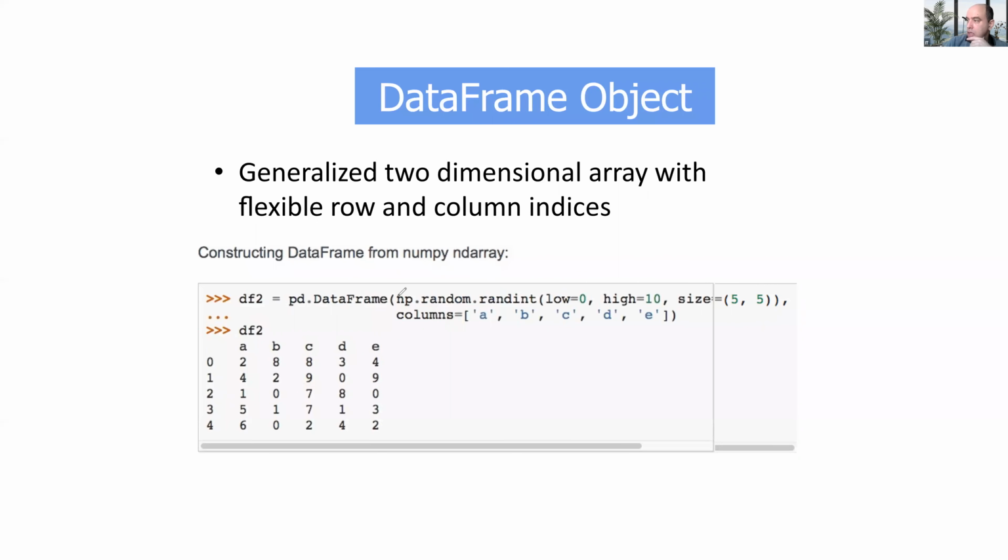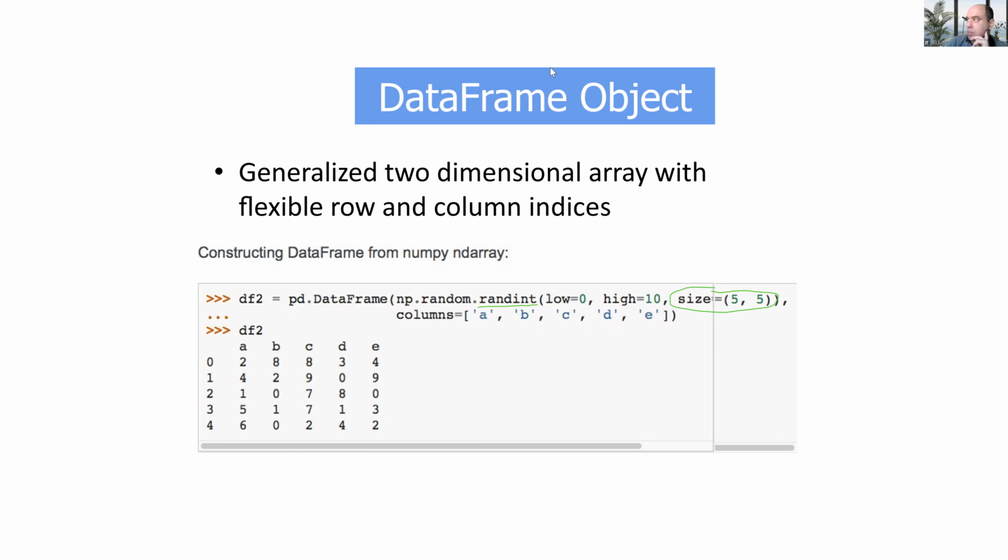Numpy has many methods to create and to manipulate matrices. So here we have a method that allows us to fill a matrix with a size of 5 by 5 with random integer numbers from 0 to 10.